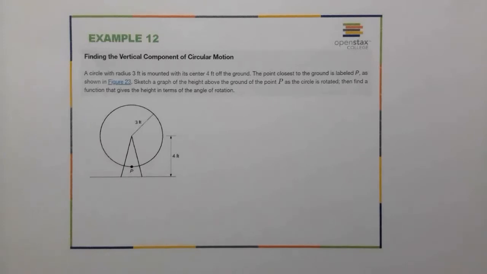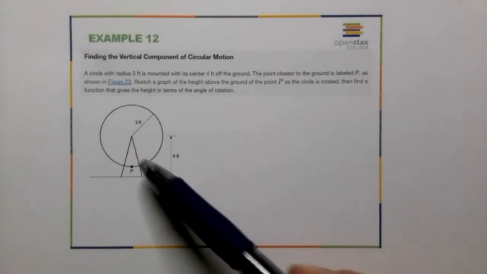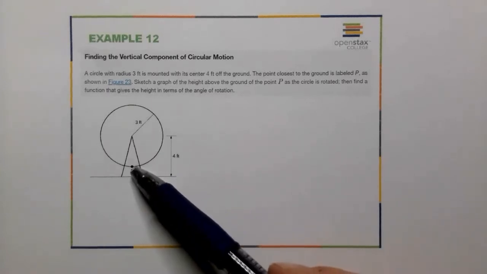First, example 12. It says a circle with radius 3 feet is mounted with its center 4 feet off the ground. The point closest to the ground is labeled P, as shown in the figure.